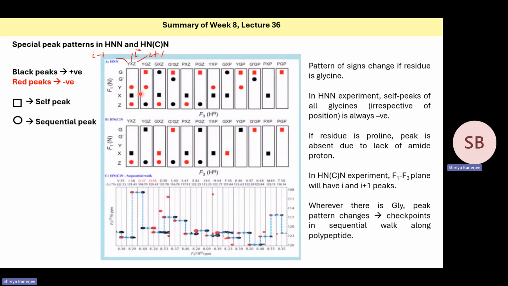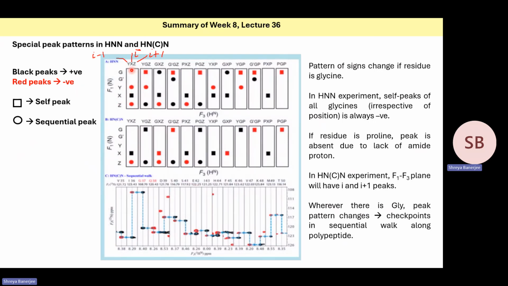We talked about positive and negative peaks before; that is just the phase of the peak. So the self peak in HNN for a general tripeptide is always positive. And the two cross peaks, X with Y, which is I minus 1, and X with Z, which is I plus 1, will be negative.